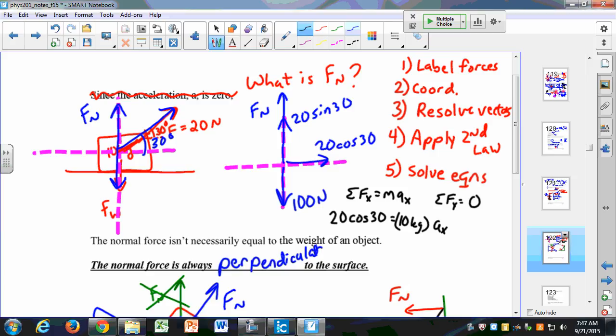The sum of the forces in the y direction is going to be Fn plus 20 sine of 30 minus 100 equals 0. So Fn then will be 100 minus 20 sine of 30. What is that? 100.